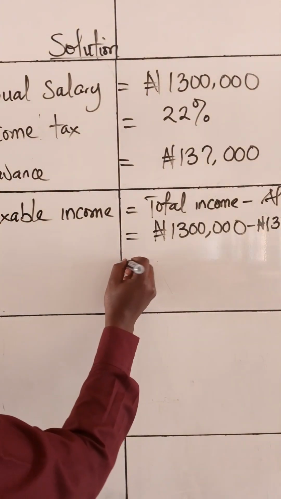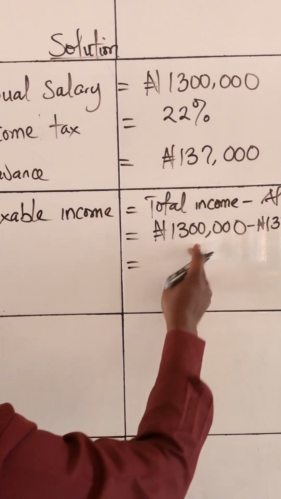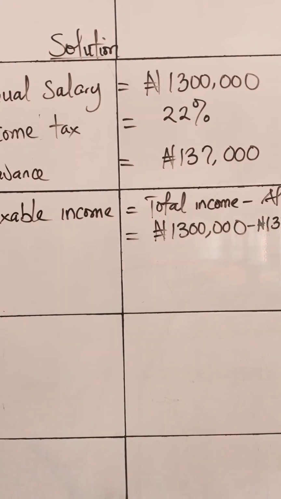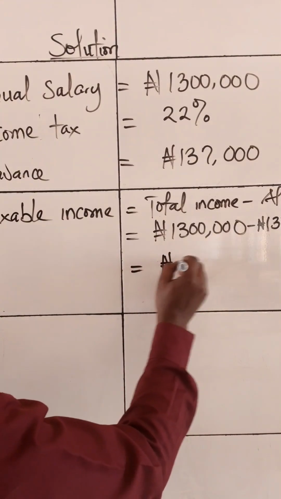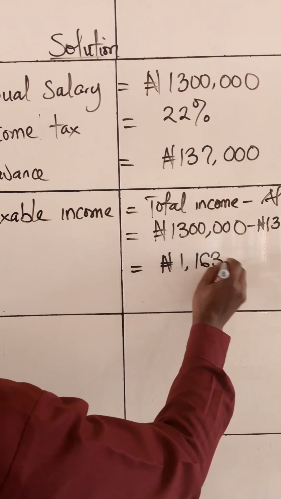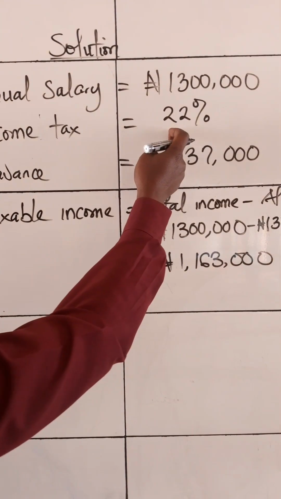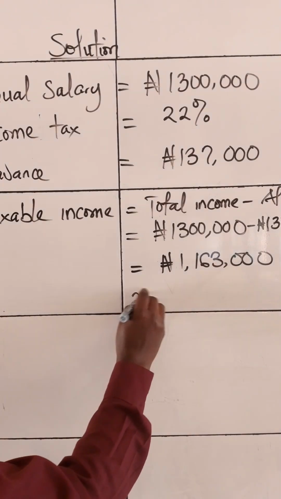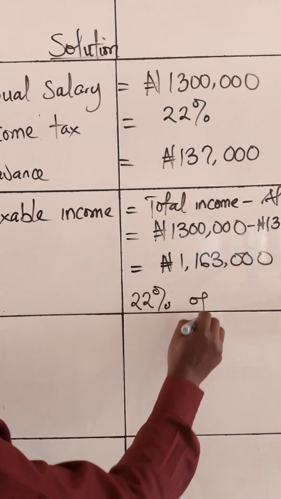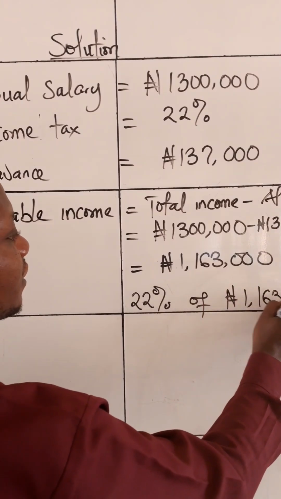Okay, so when you subtract 137,000 from 1,300,000, we are going to have 1,163,000. Okay, so now we apply the 22% income tax to 1,163,000. So you write it as 22% of 1,163,000.